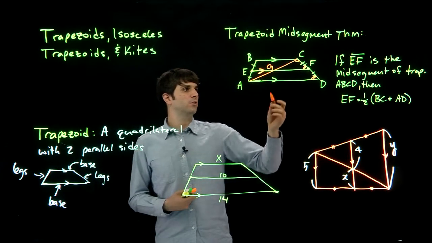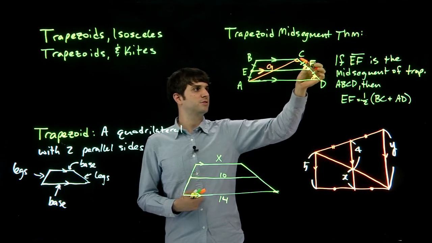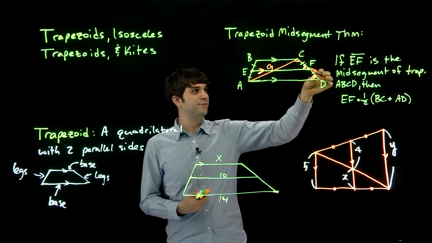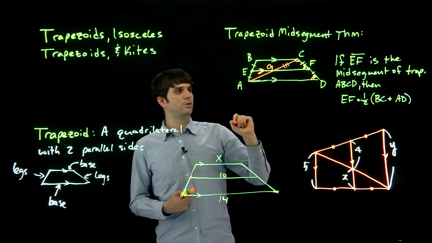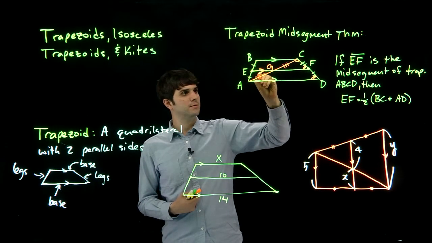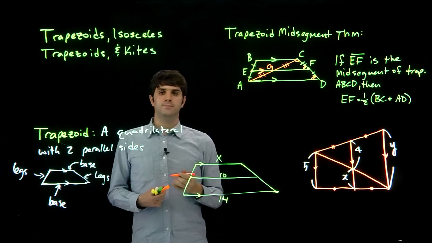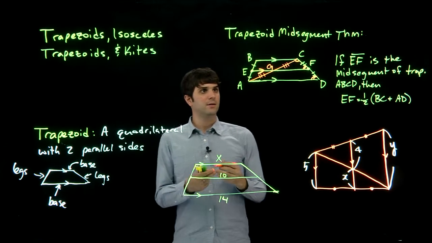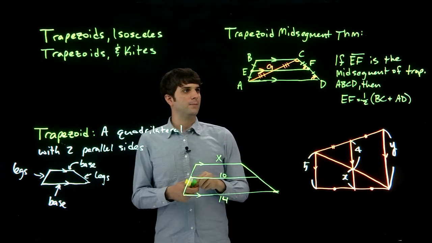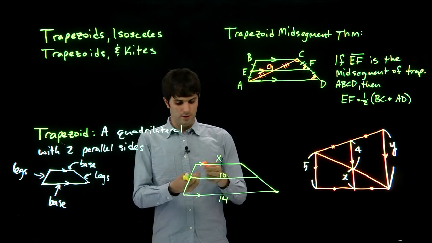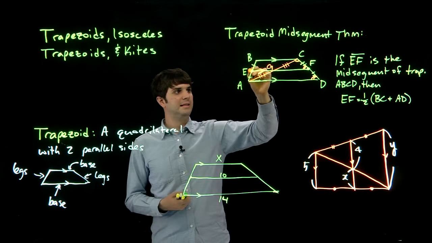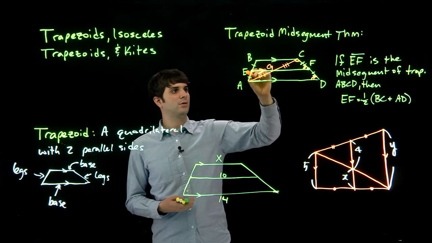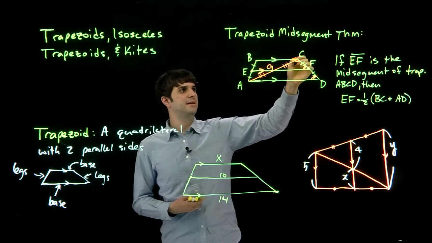Now, we also know that since CF is congruent to FD, then GC is going to be congruent to AG. We also know that triangle EGA is similar to triangle BCA.